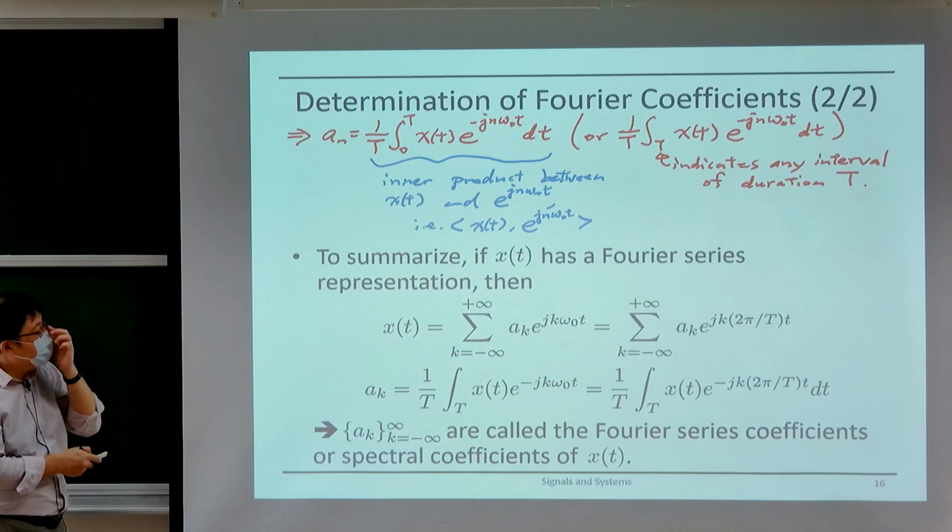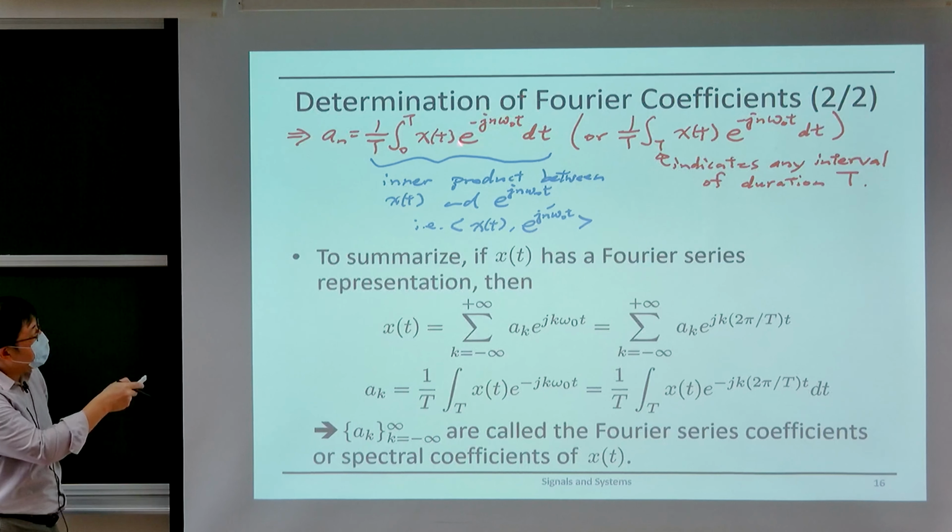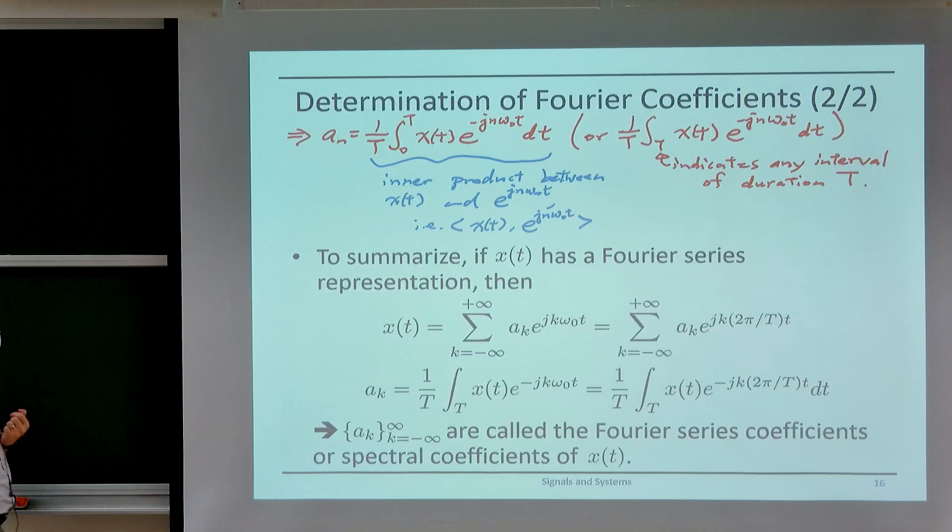When you take the inner product between complex functions, you often take the complex conjugate in the second term. The inner product gives you the projection of one function onto the other. Geometrically, this is like having a vector x of t here, and a vector e to the j n omega naught t here.